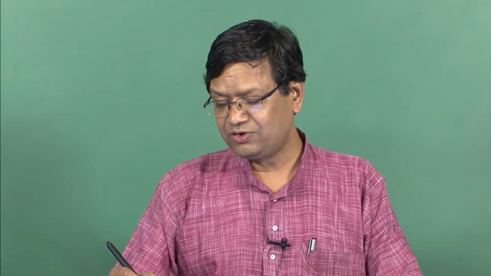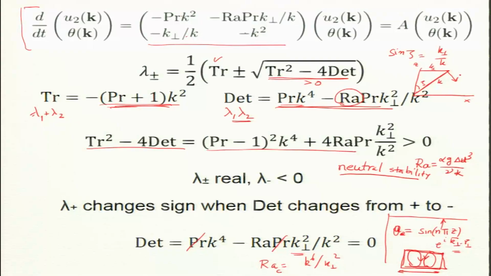So, I am going to choose a 2D system, that means my velocity field is u2 and I choose x and z. So, I say my velocity field lies in the xz plane, and so my k perp is nothing but kx, and this is k parallel which is kz, and which is always n pi. Here kz is n pi. Everybody is happy with me?